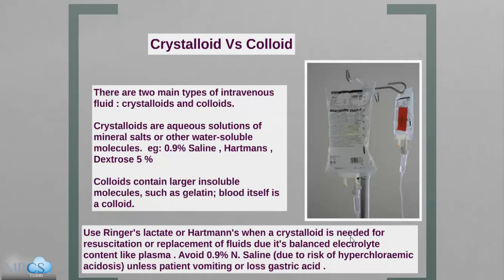On the other hand, normal saline will be used only when a patient is vomiting or losing gastric acid, due to the risk of hyperkalemia and acidosis in other situations. So normal saline is for a patient vomiting or losing gastric acid. Otherwise, we will use the best solution, rich in electrolytes, which is Hartmann's.